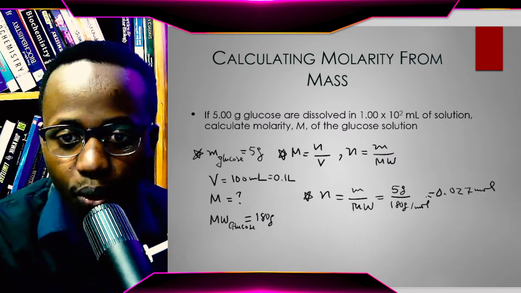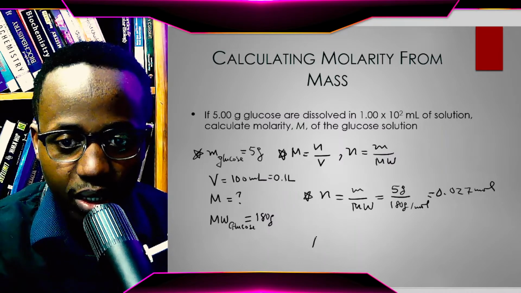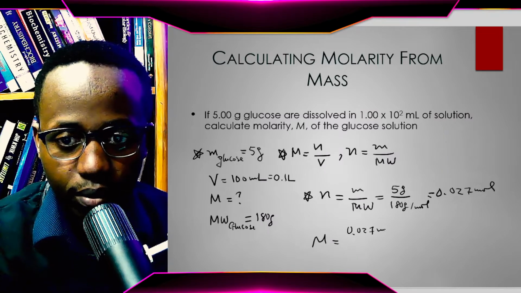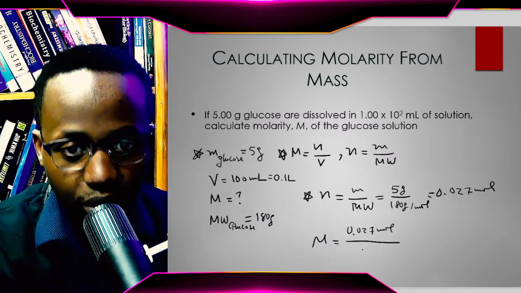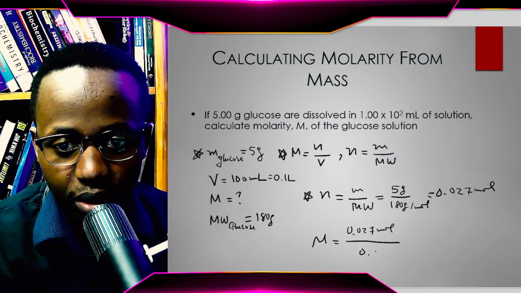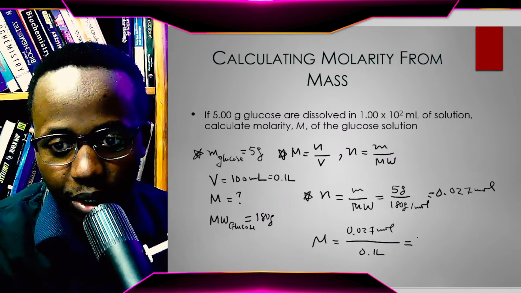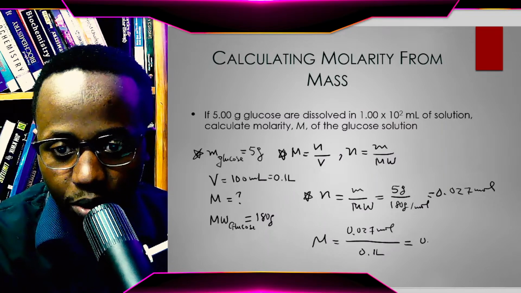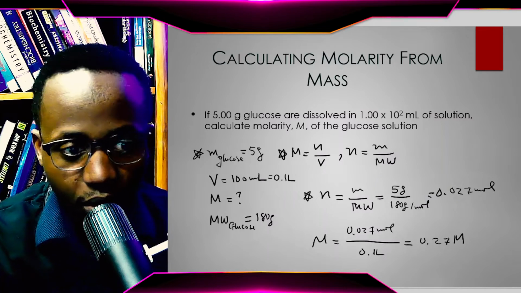This is the number of moles. And after you get the moles, now we're ready to find the molarity. It's the moles over the volume in liters, which is 0.1 liters. This is going to be equal to 0.27 molar.